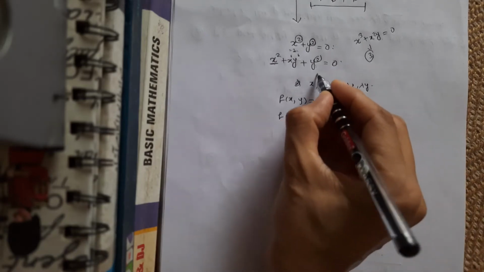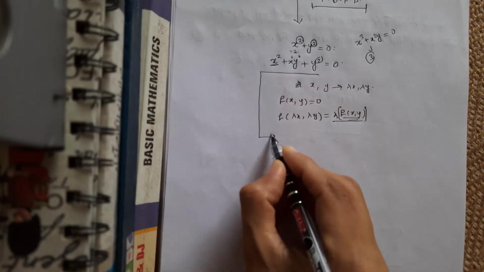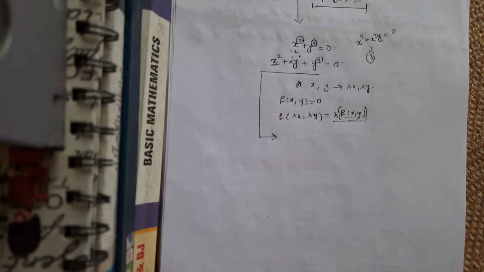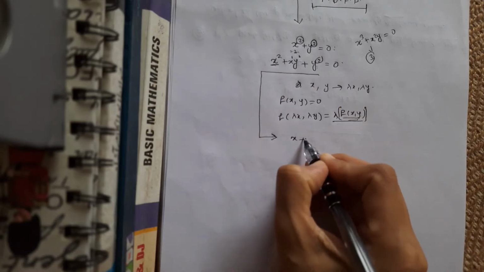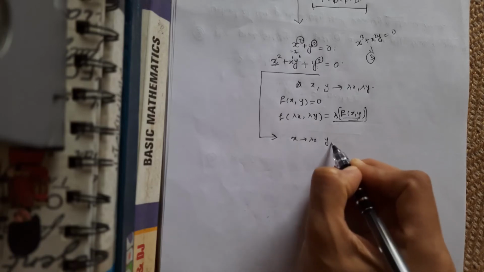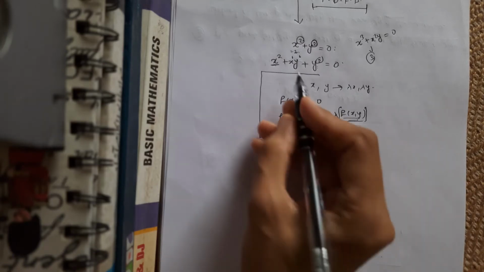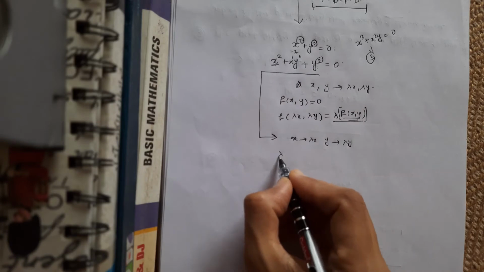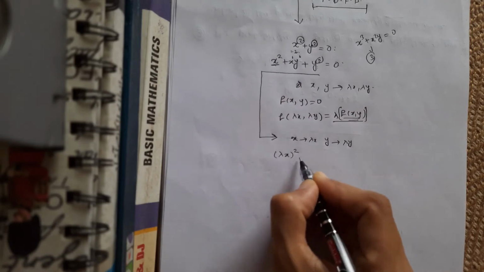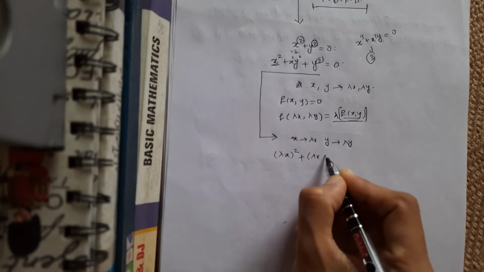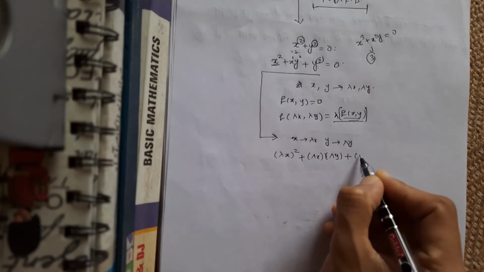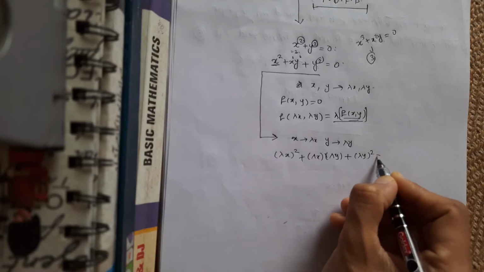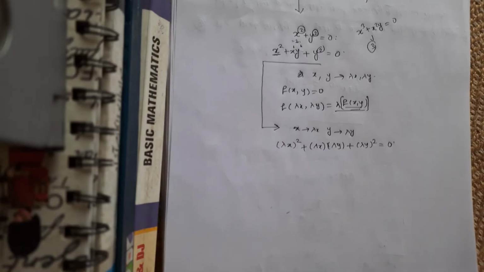For example, for this equation, suppose I am unable to understand whether it is homogeneous or not, so what I will do, I will just replace x with lambda x and y with lambda y. So what will I get for this equation? Lambda x square plus lambda x into lambda y plus lambda y square equal to 0. Now just simplify this.